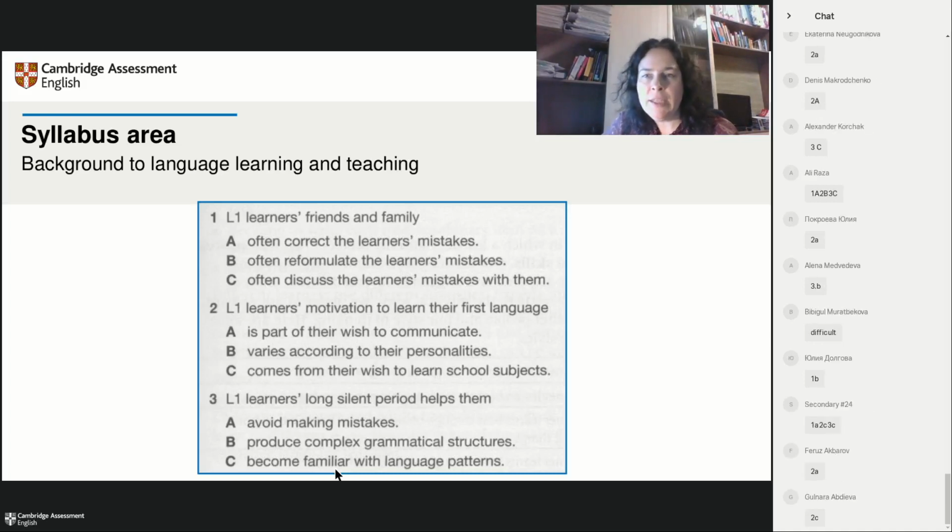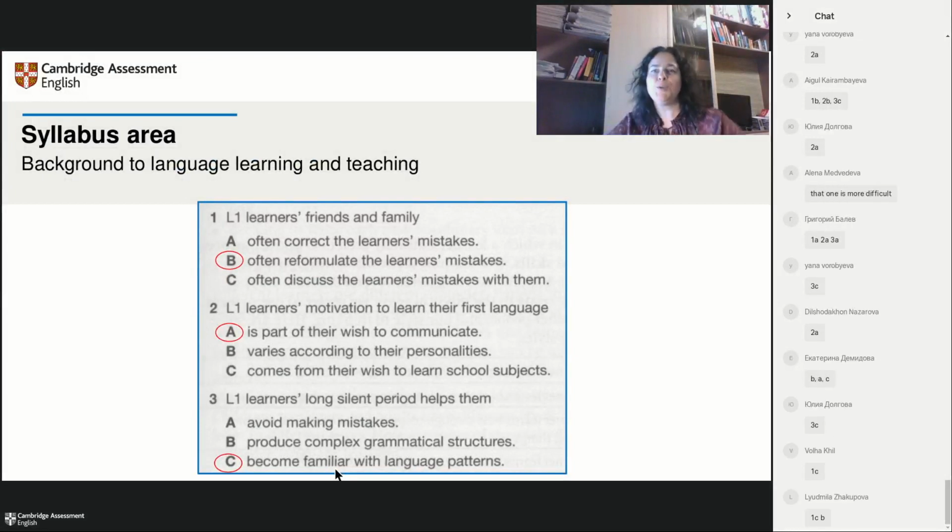Yeah, great ideas. I can see some correct answers. Well, most of them are actually correct. It's just that perhaps you were misled if you're choosing something else. So what is reformulation? That is a kind of correction technique that teachers can use. It's taken from parents.